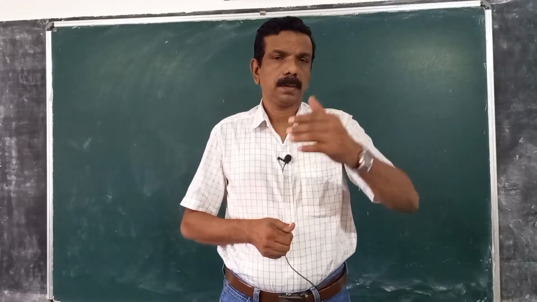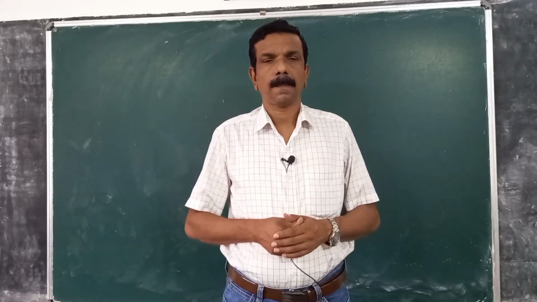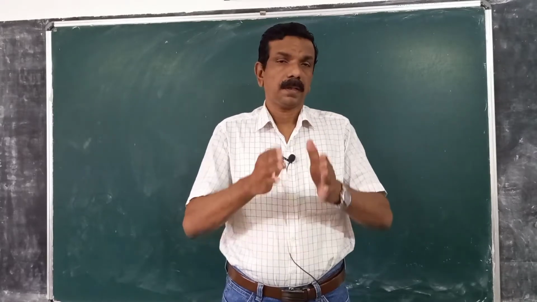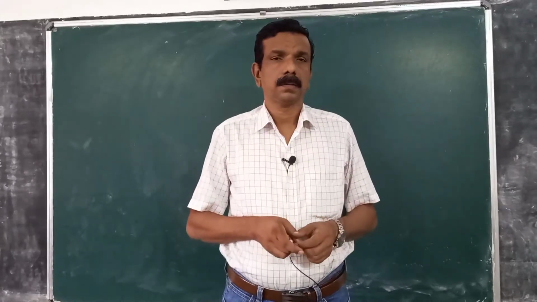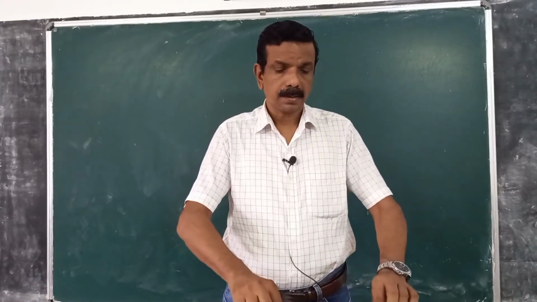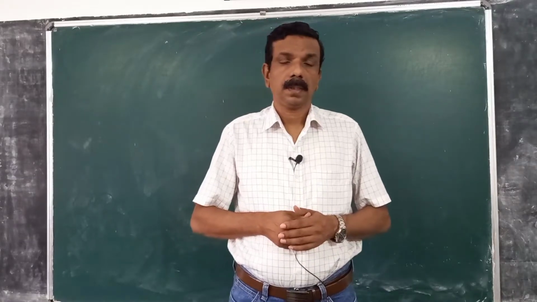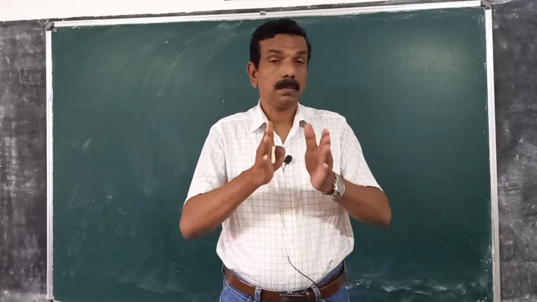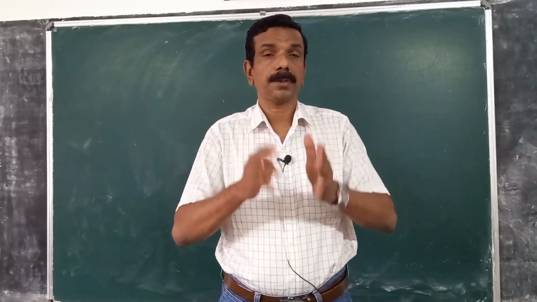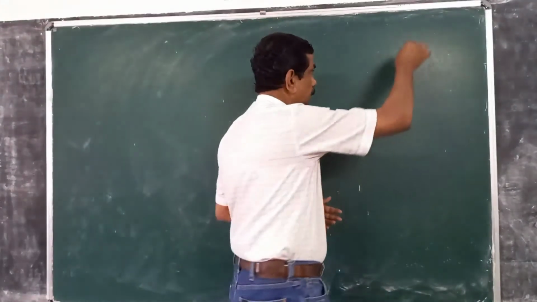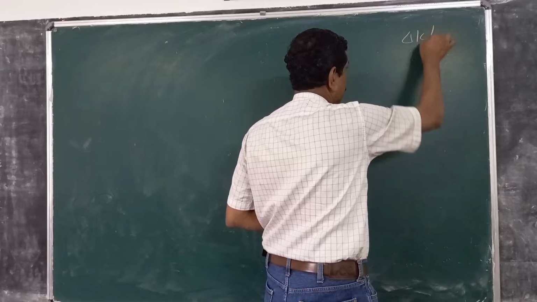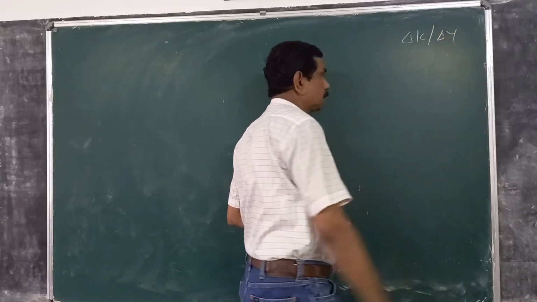As I told you in the previous class, the fundamental equation can be interpreted in two different ways, depending on how marginal capital output ratio delta K by delta Y is defined.